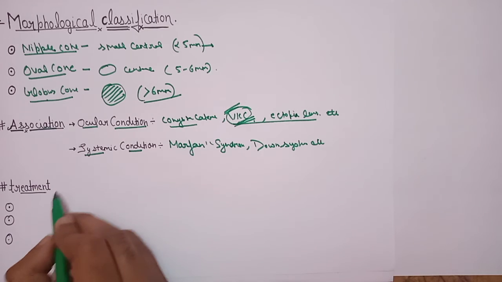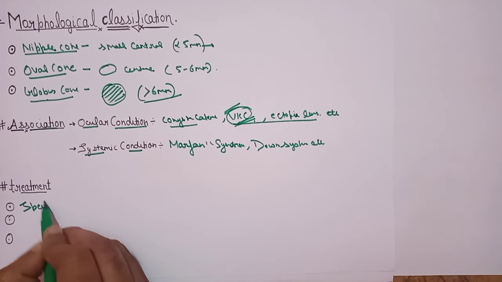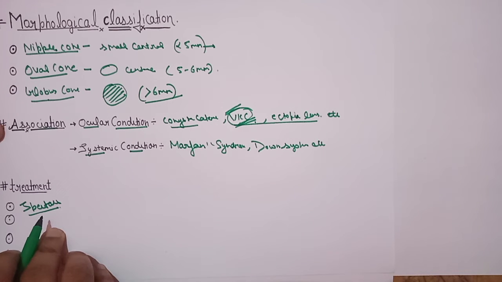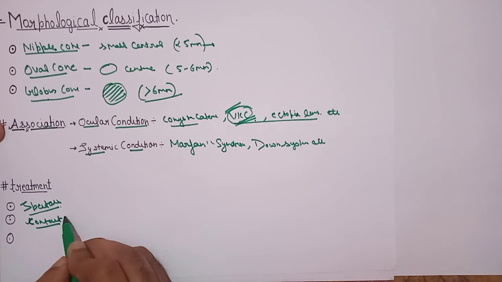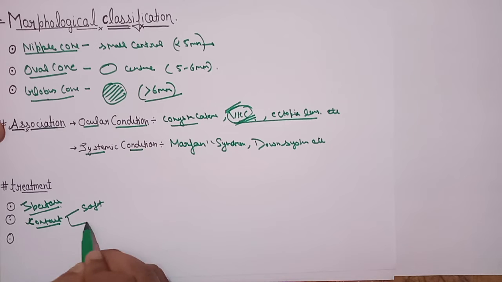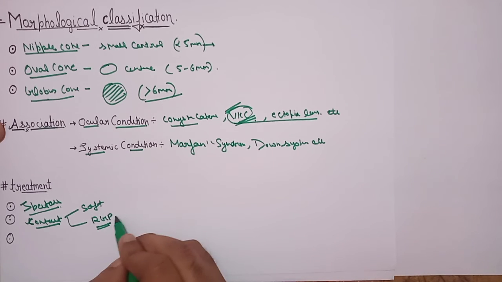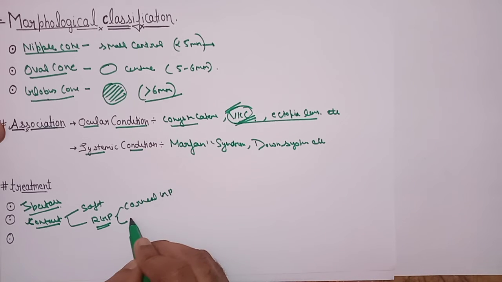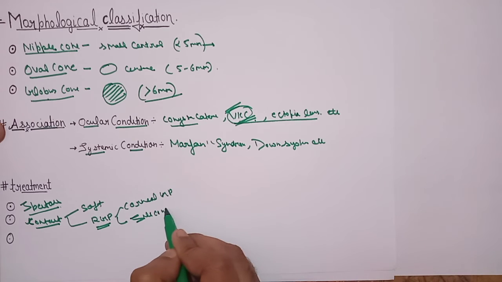The first line of treatment is spectacles. If spectacles do not correct the refractive error, or the patient complains of distorted vision with spectacles, we go to contact lenses. Initially soft contact lenses, then RGP contact lenses. In RGP, corneal GP lenses or scleral GP lenses.